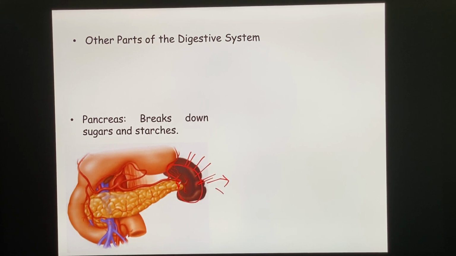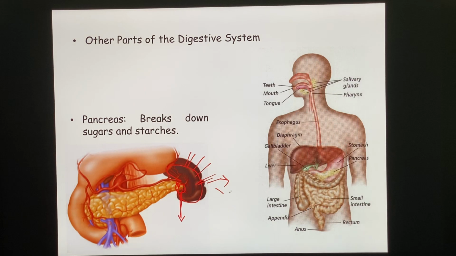One has to be careful not to cut the tail of the pancreas, because a lot of these insulin producing cells are seen here, right? So this is why we have to make sure that the tail of the pancreas is retained.